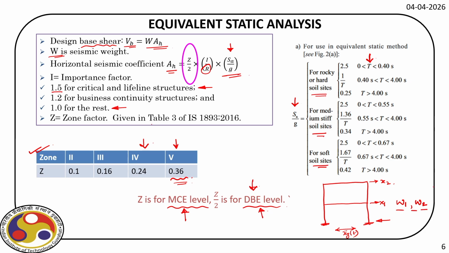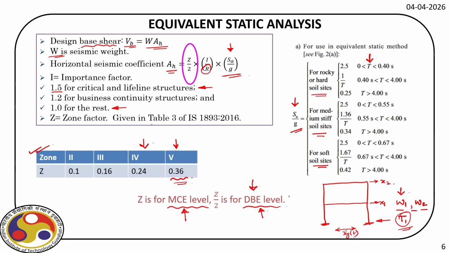Now for our building model, we have multiple degrees of freedom. Out of that, the lowest natural frequency is the fundamental natural frequency, and corresponding to that we can find the time period, and that time period is used here. Depending upon this time period, the value of Sa by g is fixed based on the soil quality.